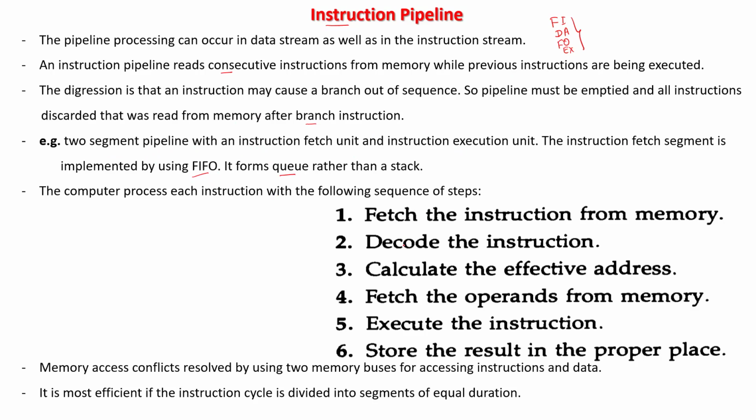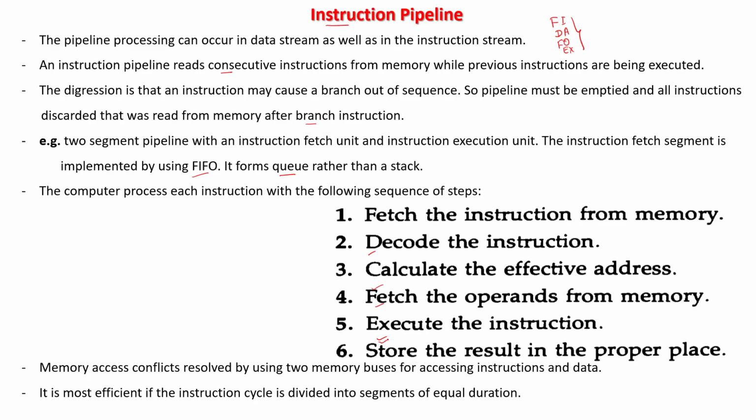Here we have the following steps: fetch the instruction from the memory, decode the instruction, calculate the effective address, fetch the operands from the memory, and finally execute the instruction. Some data again we have to store in the proper place in the memory, so that storing is also required.